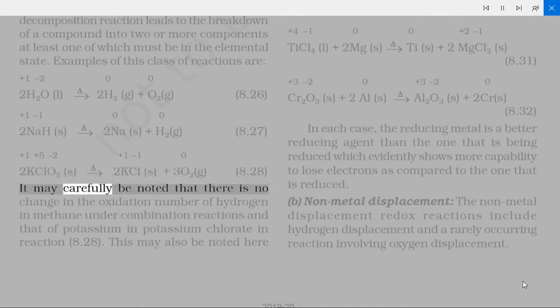It may carefully be noted that there is no change in the oxidation number of hydrogen in methane under combination reactions and that of potassium in potassium chlorate in reaction 8.28.